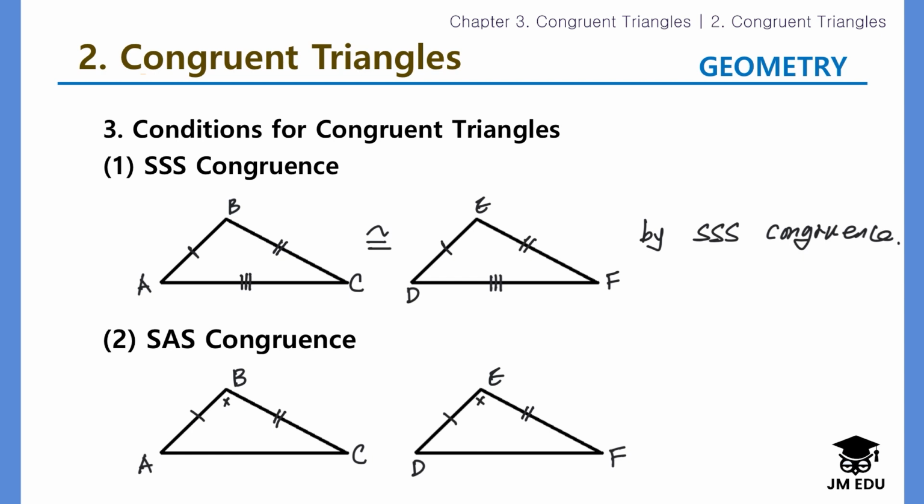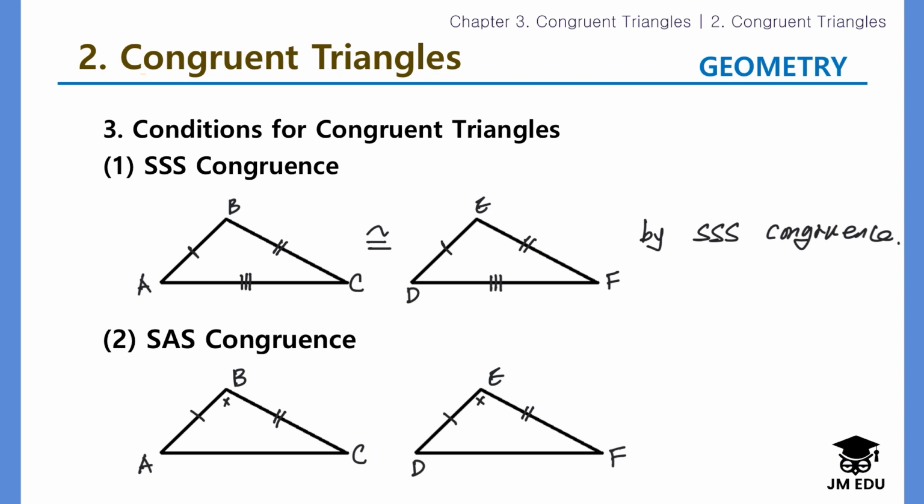Number 2 is SAS congruence. S stands for side, A stands for angle. So side, angle, side. When two triangles have two congruent sides and one congruent angle, then we say that these two triangles are congruent by SAS congruence.